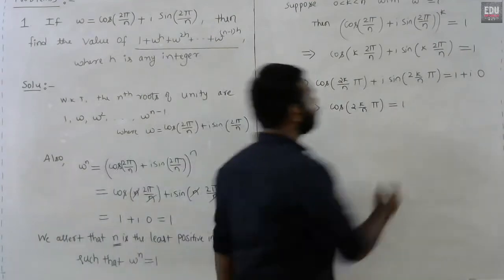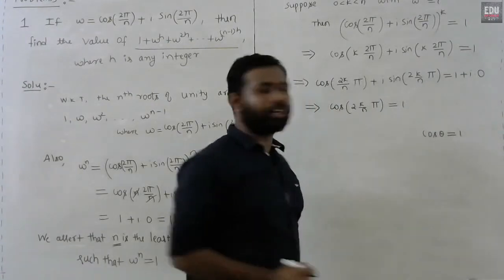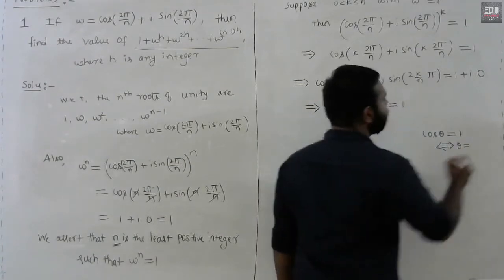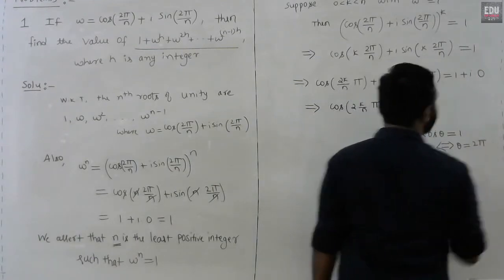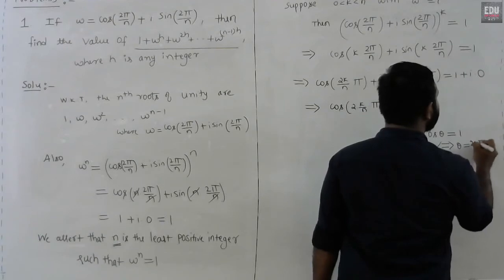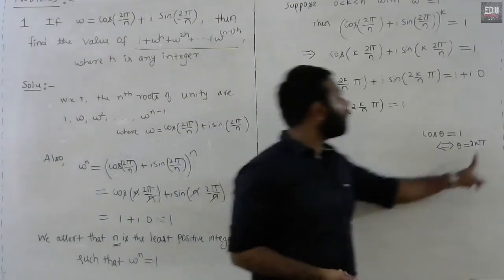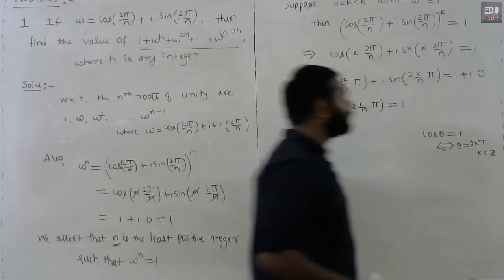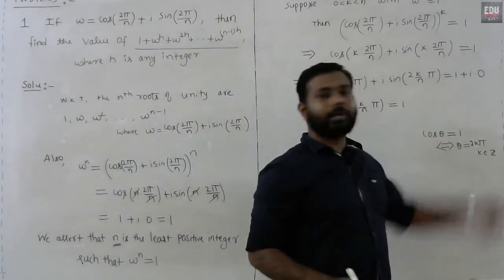And we know that cos theta is 1 if and only if theta is an even multiple of pi, or I can write it as 2m pi, where m runs over any integer values. So cos theta is 1 only if theta is an even multiple of pi.